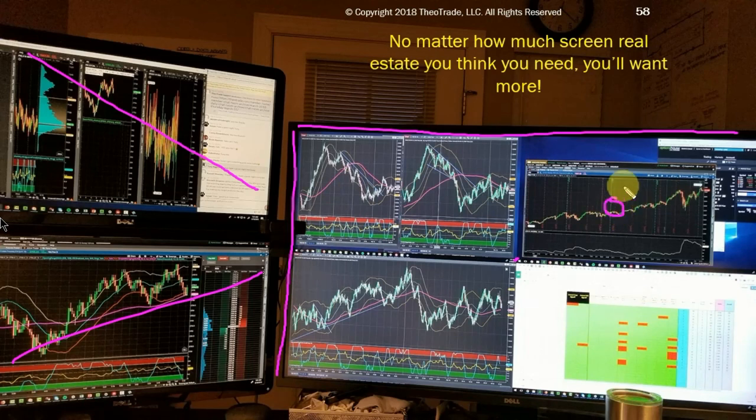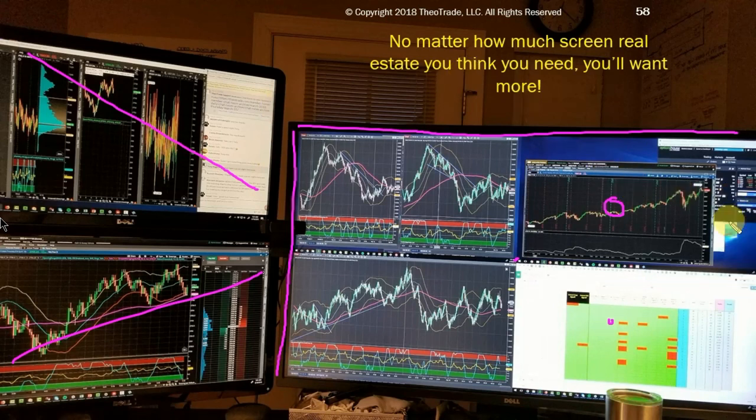So I can take what's on this screen or any one of these and display it over the entire monitor, so blow it up super big. I haven't really found a use for that except if I'm playing World of Tanks or something like that. Quite honestly, it makes the chart way too big. So it's much more useful just to keep it in four squares like that. But it's a very efficient format for not wasting a whole lot of space with bezels and things like that.